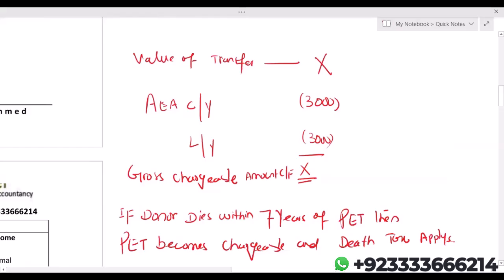So when one individual has given a gift to another individual during life, it is a PET. Logically, during life, there is no tax on a PET. But if the donor, the one who has given the gift, dies within 7 years of the PET, then the PET becomes chargeable and logically we apply death tax.